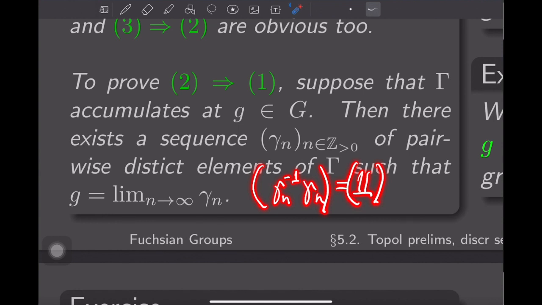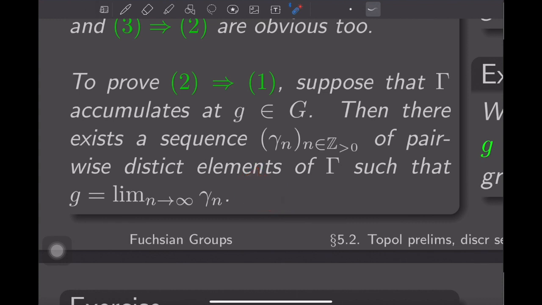So multiplying with the inverse of the corresponding nth member at each step is not really the best idea. So the next thing is, okay, then gamma n multiplied with gamma n plus 1 inverse, and then see if that works, right?